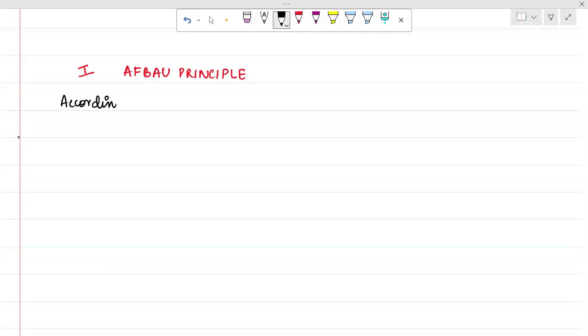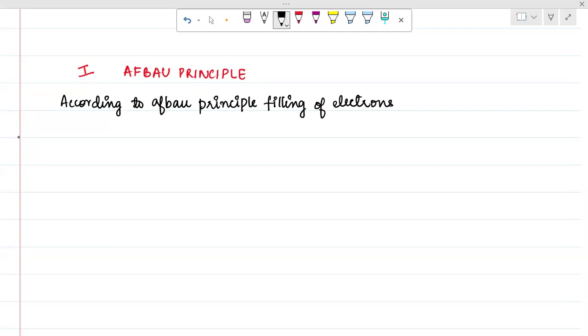So according to the Aufbau principle, the filling of electrons in a subshell.